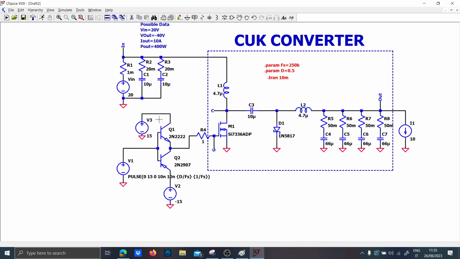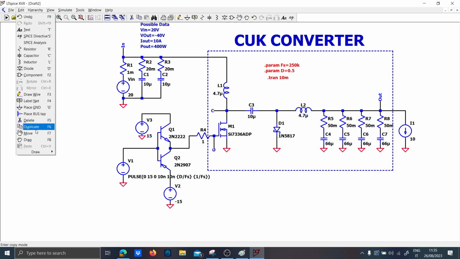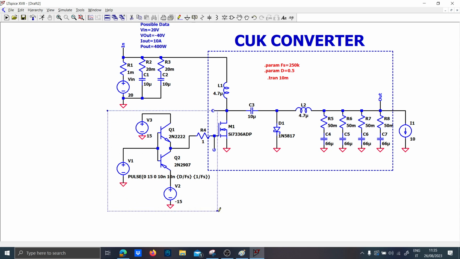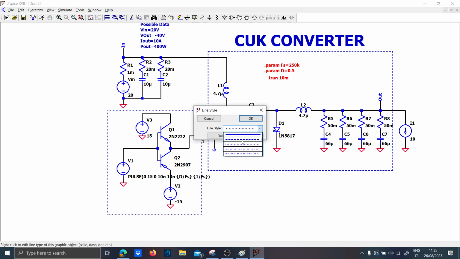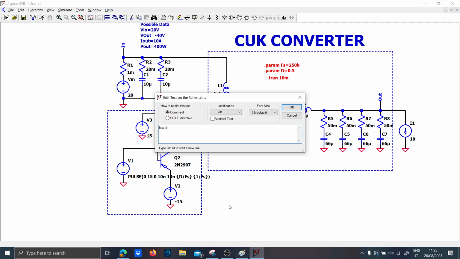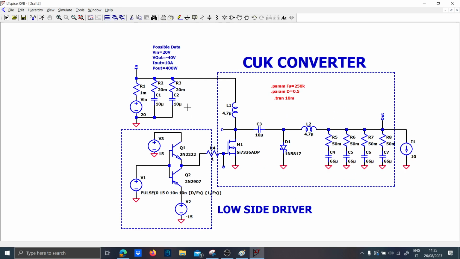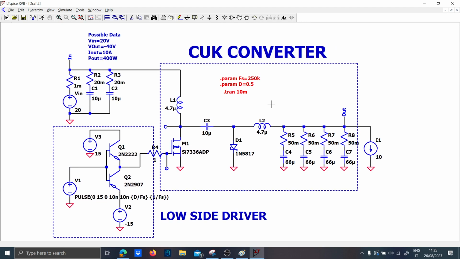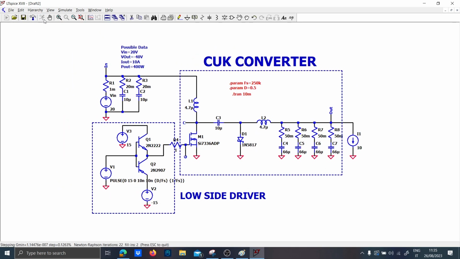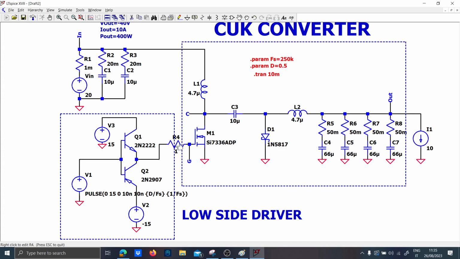Okay, and this is the low side driver. And I just did the input voltage. So let's run the simulation. Let me check that everything is clear, and 15 volts minus 15.